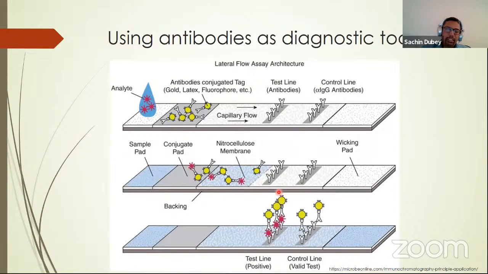How does it work typically? In theory, you have the analyte, which is, as I mentioned, a sample from blood or urine. Then there is a complex of antibodies which, depending on the positivity, depending on the affinity interaction with the analyte, binds, and then because of capillary flow, it flows in one direction.